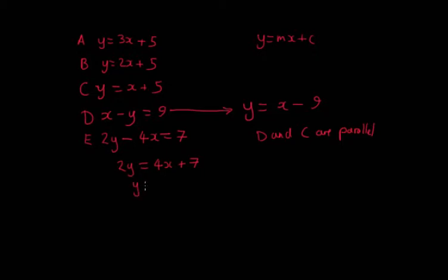So y equals 2x plus 3.5, because 7 divided by 2 is 3.5. So this is now in a form we can deal with. So we can see that this has got 2x. B has 2x. So this is E. So B and E are parallel.